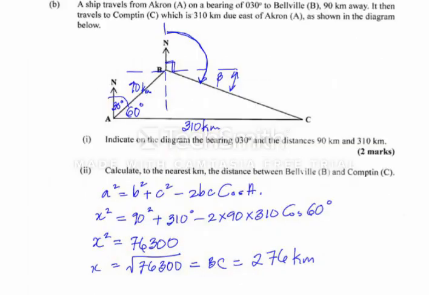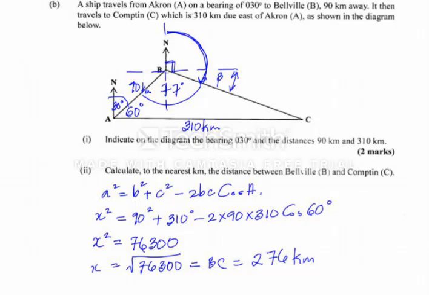So again, the last part of this question asks us to determine the bearing of C from B. We already concluded that the angle we're looking for is this angle here. Remember, we already determined that this angle here is 77 degrees.